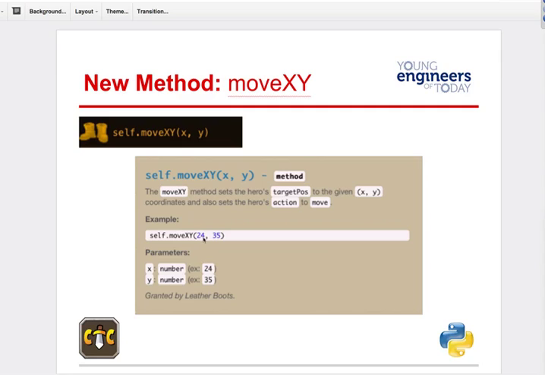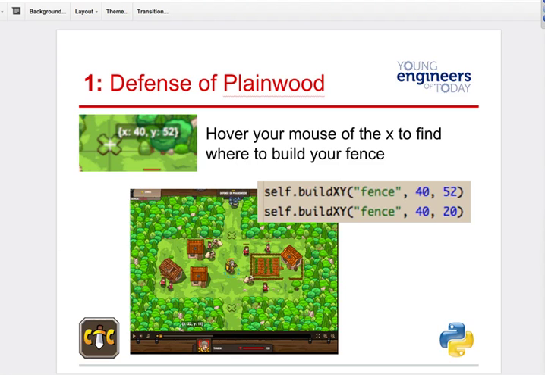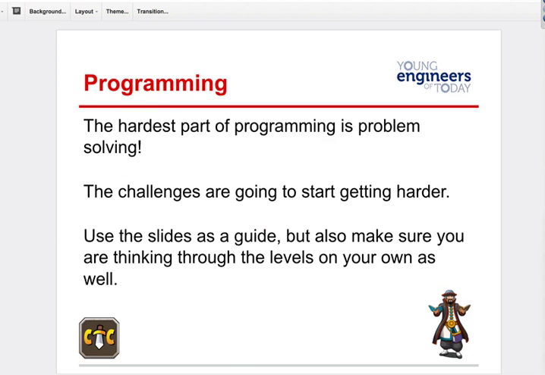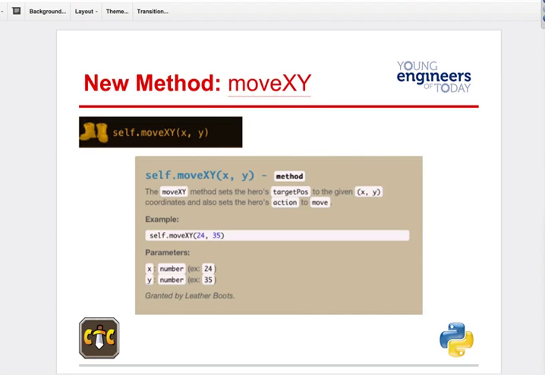And this is self-move 24, 35. So self-move X 24. I'm sorry, guys. This silly mouse does this. All right. So you're moving towards the 25.